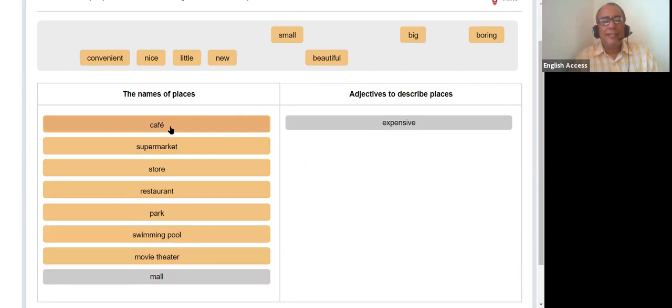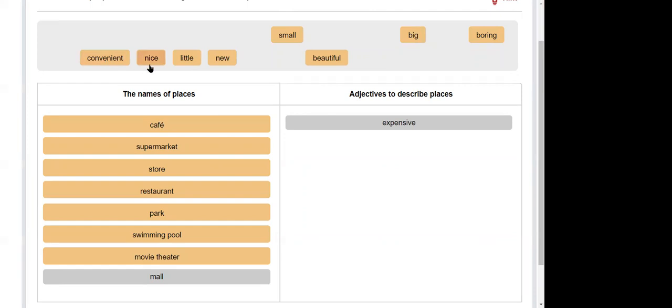Café is not an English word. No es una palabra en inglés. This word is in French. Está en francés. So here we have adjectives: convenient, nice, little, new. Do you know the meaning of all these words? ¿Saben qué significa cada palabrita? Convenient, conveniencia. Nice, lindo, bonito. Little, pequeño.